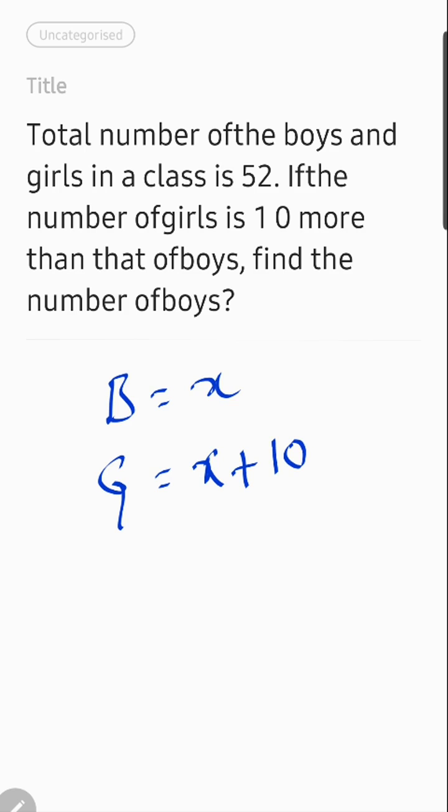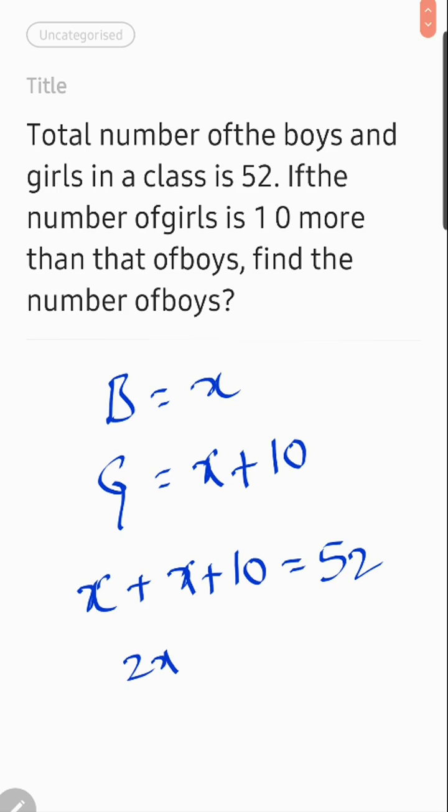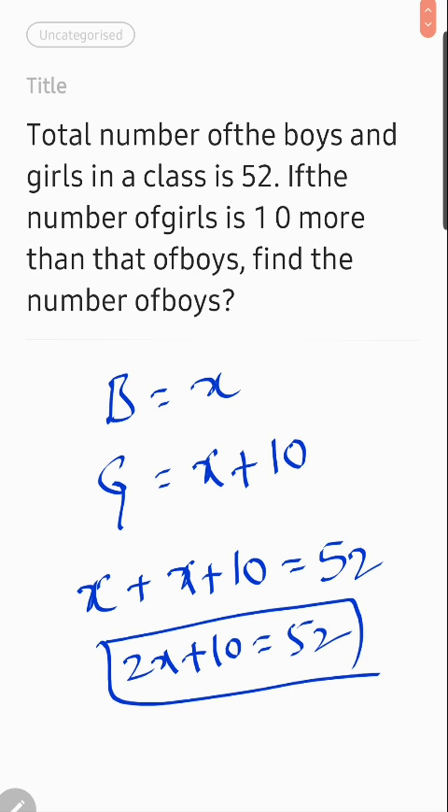Now we have boys and girls, but how many members are there together? The number of boys plus the number of girls is equal to the total 52 members. If we add boys and girls, we get 52. So this is the simple equation: x plus x plus 10, that is 2x plus 10 is equal to 52.